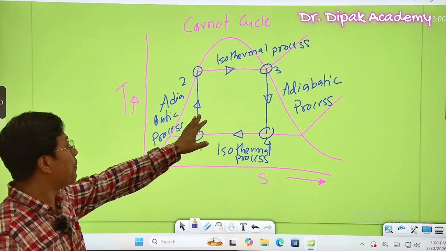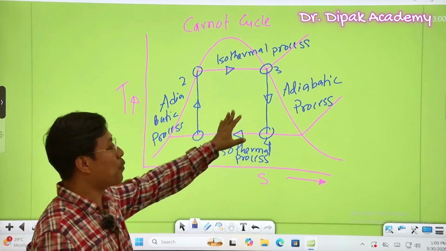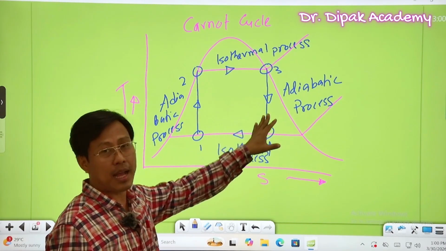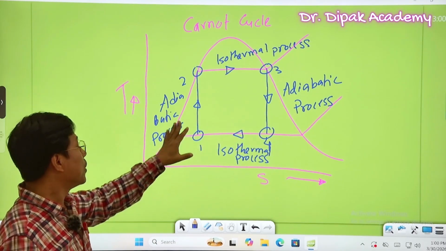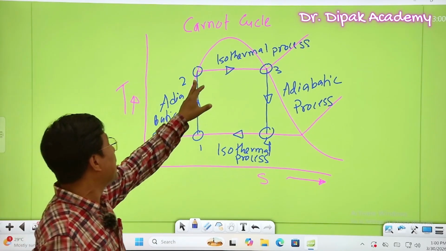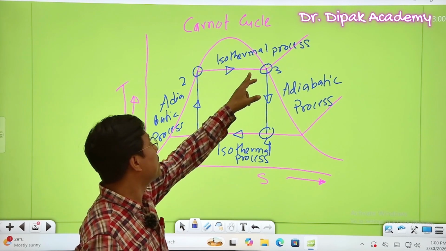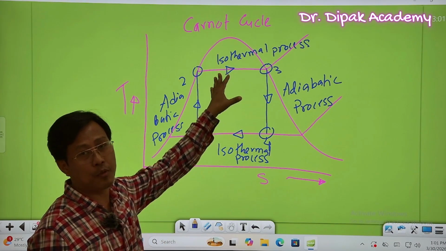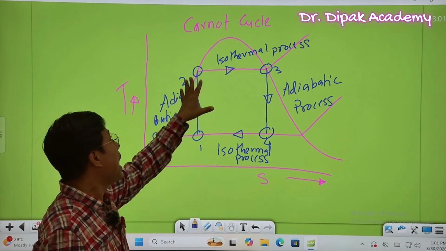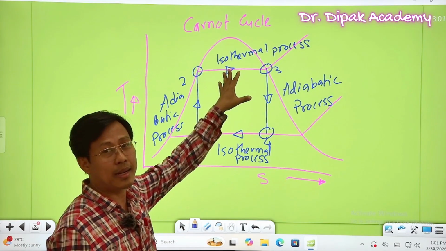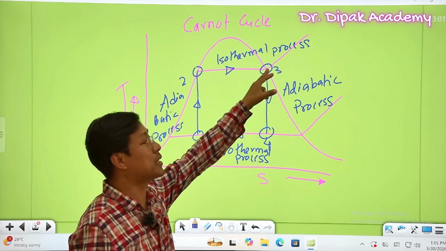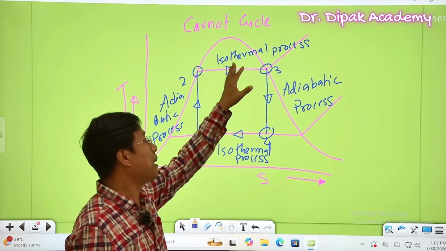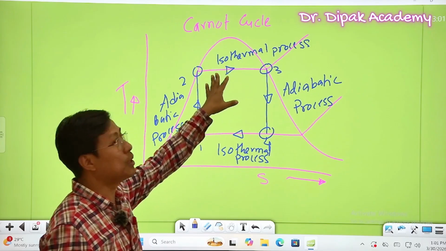Since practically the Carnot cycle is not possible, some modifications are made in the Rankine cycle. In the Rankine cycle, the isothermal process is replaced by a boiling process where sensible heating and evaporation take place at constant pressure. The temperature will not remain the same in the Rankine cycle.